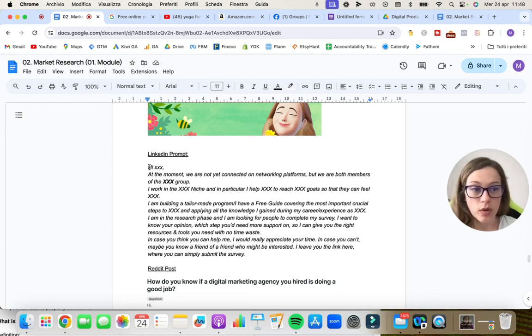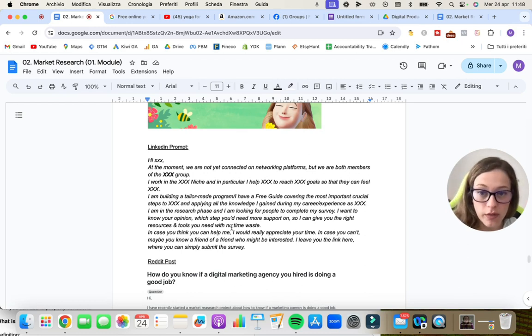This is an example of a message that you can send them: Hi, and then the name. At the moment, we're not yet connected on network platforms, but we're both members of the XXX group. I work in the niche, and in particular, I help whatever to reach whatever goals so that they can feel, and then you put it.